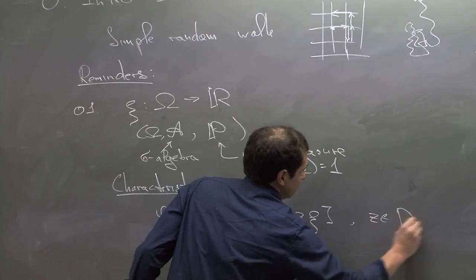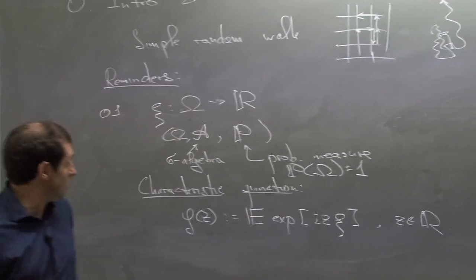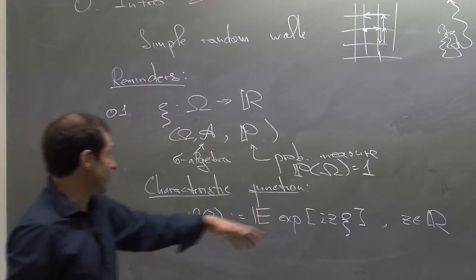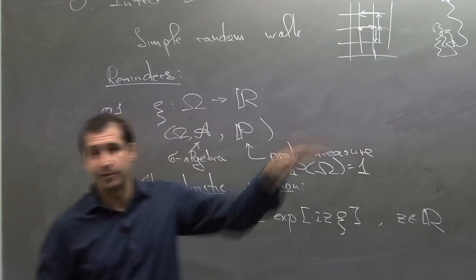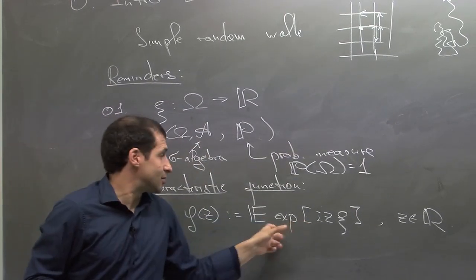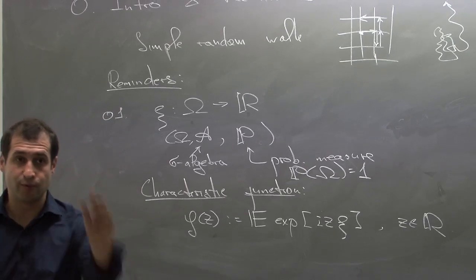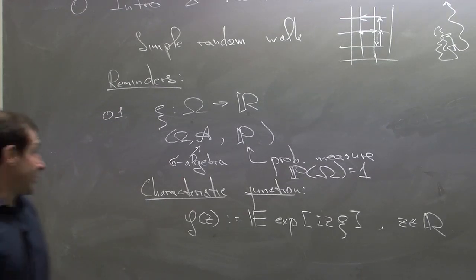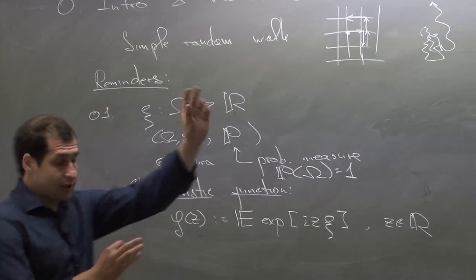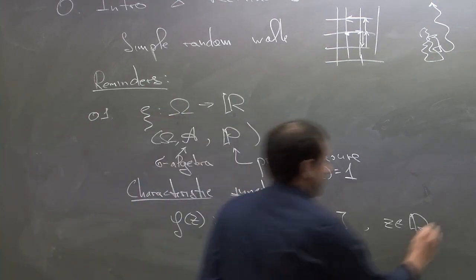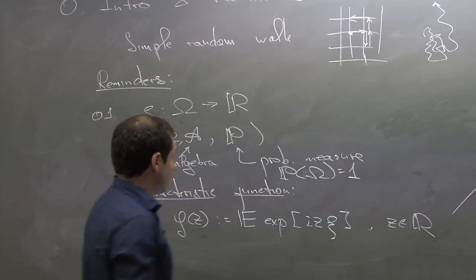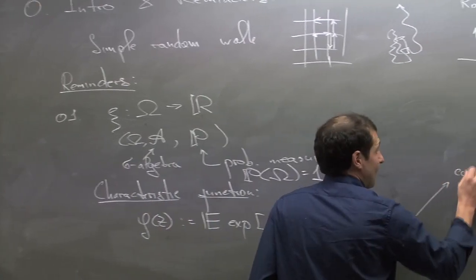Z is real. In principle, you can with no harm think about z as being in the upper half plane. Still, this is less than 1, and so there are no problems with convergence. So this is the characteristic function, and what are the basic properties? The basic properties are just that it's continuous.